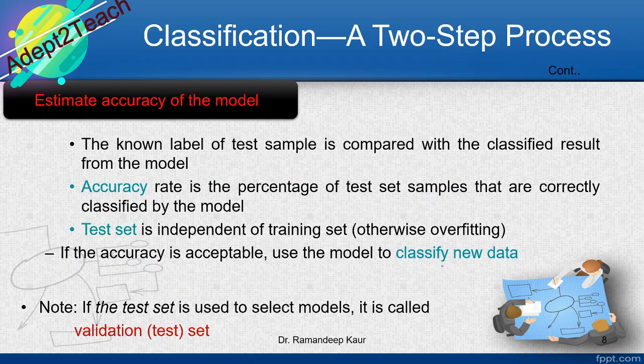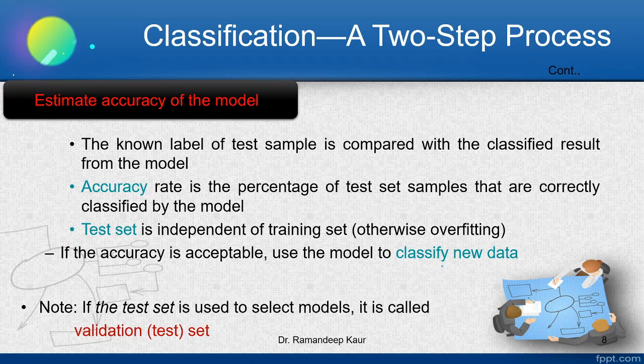Now, how do we identify the accuracy of the model? Accuracy is the percentage of test samples that are correctly classified, and for that we use the test set, which is independent of the training set.